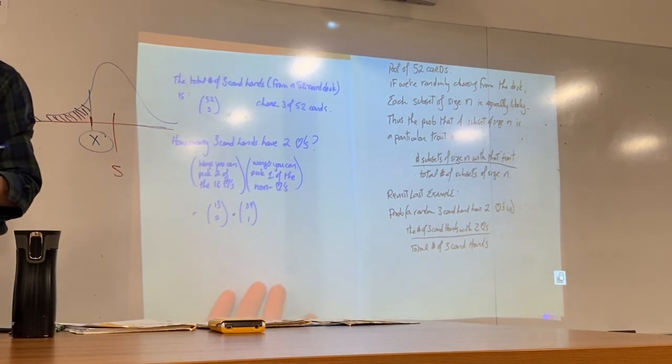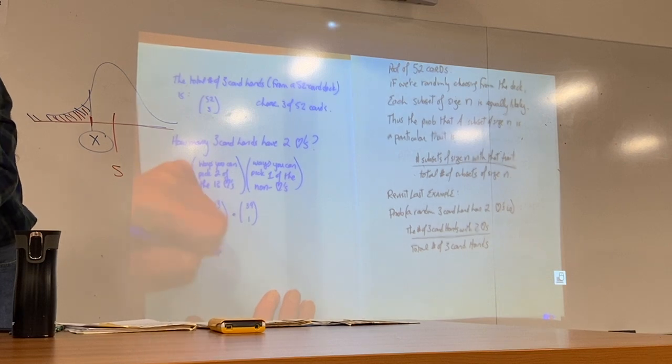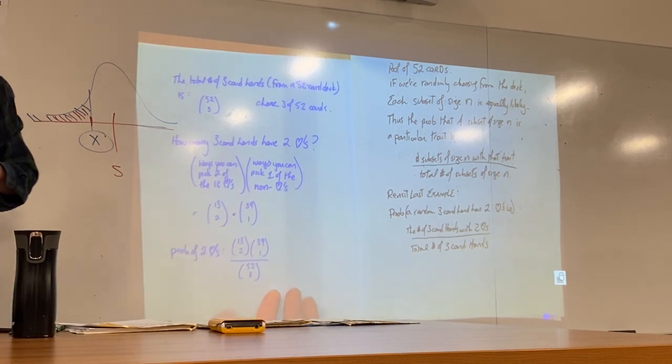And so the probability of 2 hearts is 13 choose 2 times 39 choose 1 all over 52 choose 3.